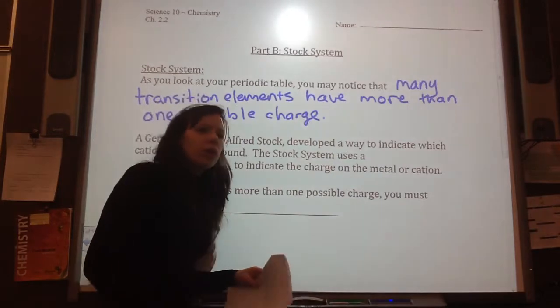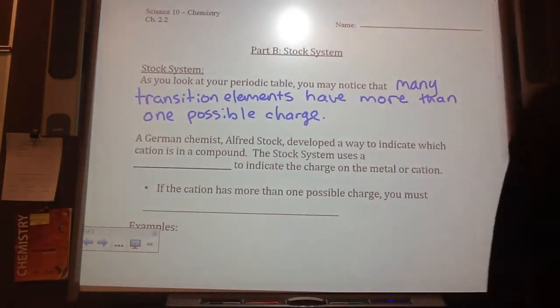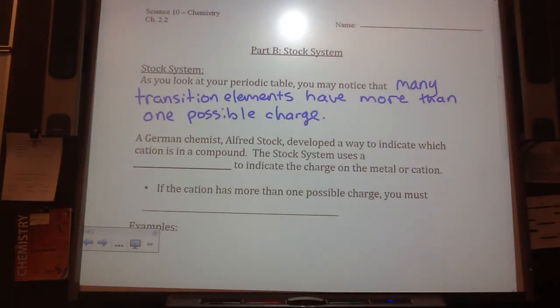So have you guys noticed that already in your tables? Do you know what I mean by transition elements? Transition elements are everything in between from our alkali earth metals to the staircase, essentially. All this is called transition elements.